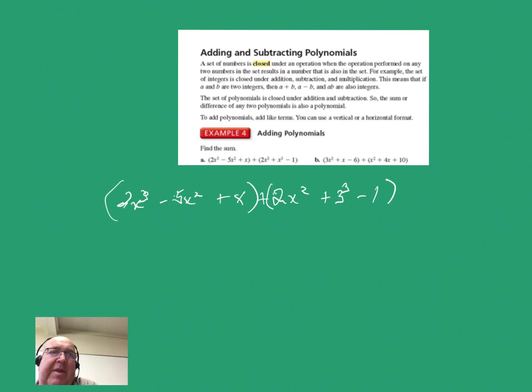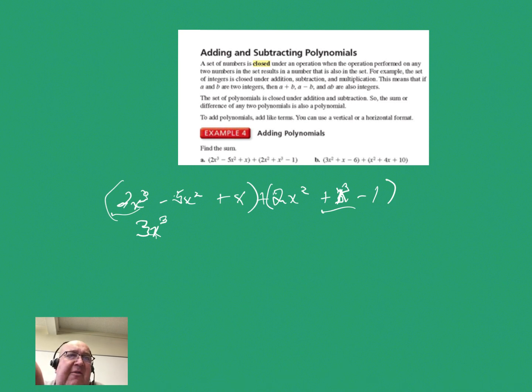So the thing you want to do is add like terms. So that means the exponent must be the same, and that should have been an x instead of a 3. The exponent needs to be the same and the variable needs to be the same. So we have 2x cubed and we get 3x cubed.